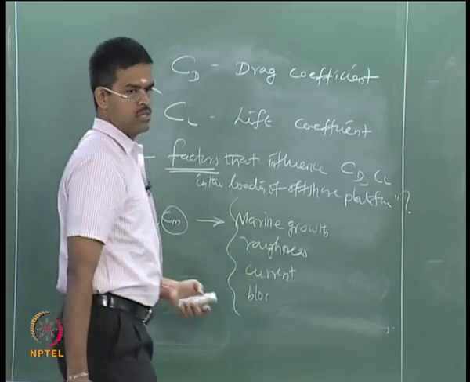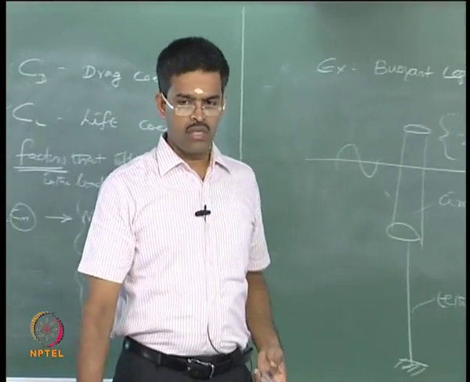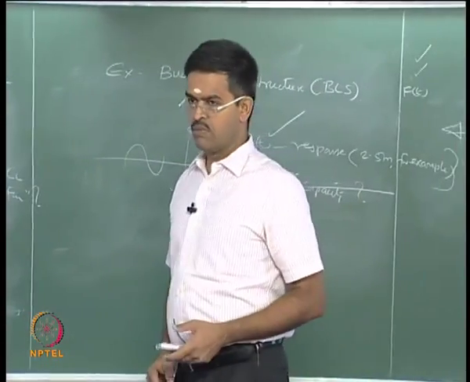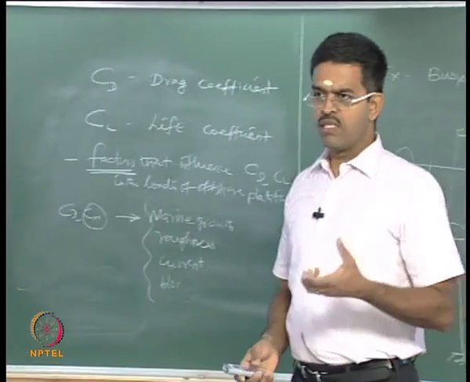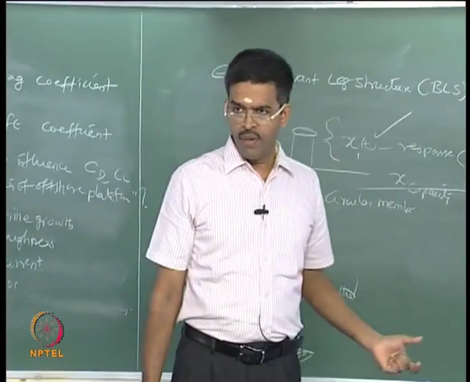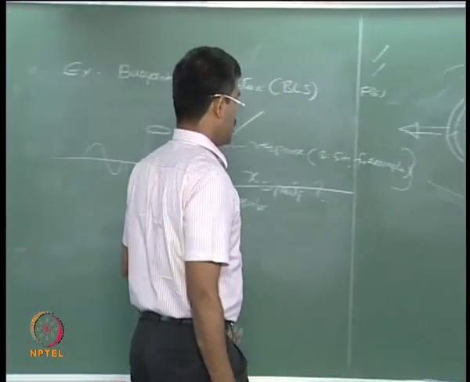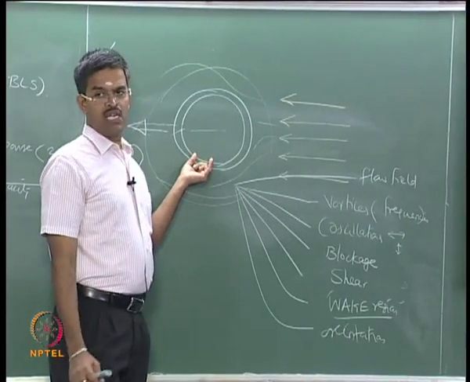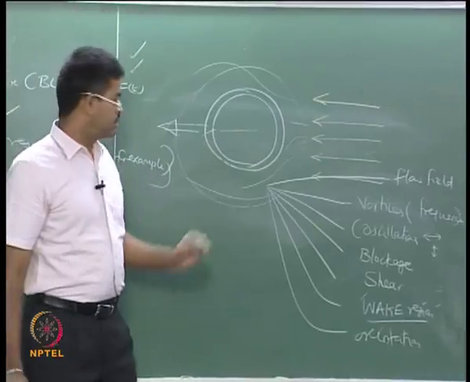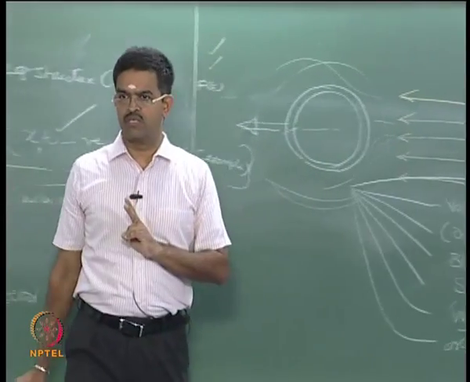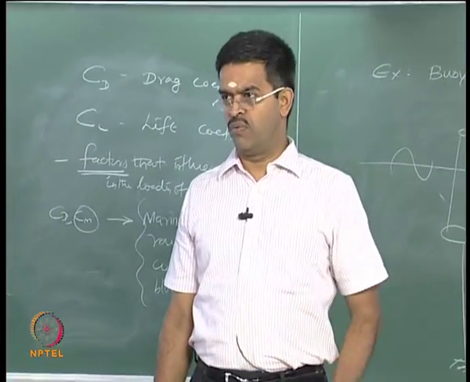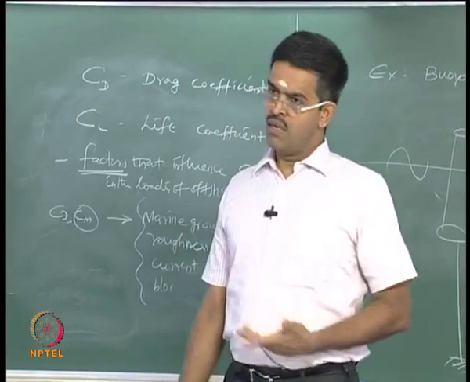I want you to just look into this and see what are the factors which influence these coefficients, which are essentially force coefficients, because when the member is interacting with the environment in case of fluid regime, as I initially said, the members develop restraint forces just to keep the members in position. These forces are generated in two formats, one is in line with the fluid flow, other is transverse to the fluid flow, what we call as drag and lift forces.